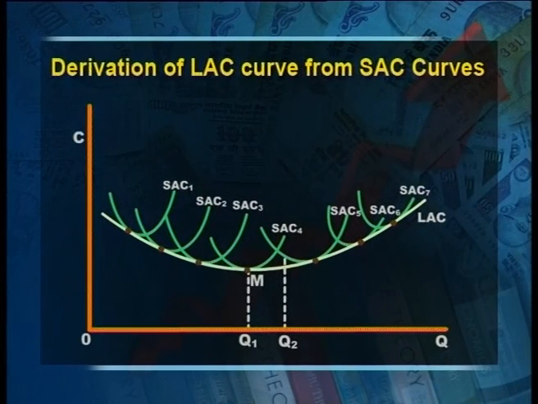Thus, any point above the long run average cost curve can be achieved, but seems to be inefficient production because it is incurring higher cost of production. And similarly, any point below the LAC represents efficient production, but it is not possible to achieve with the given state of technology.